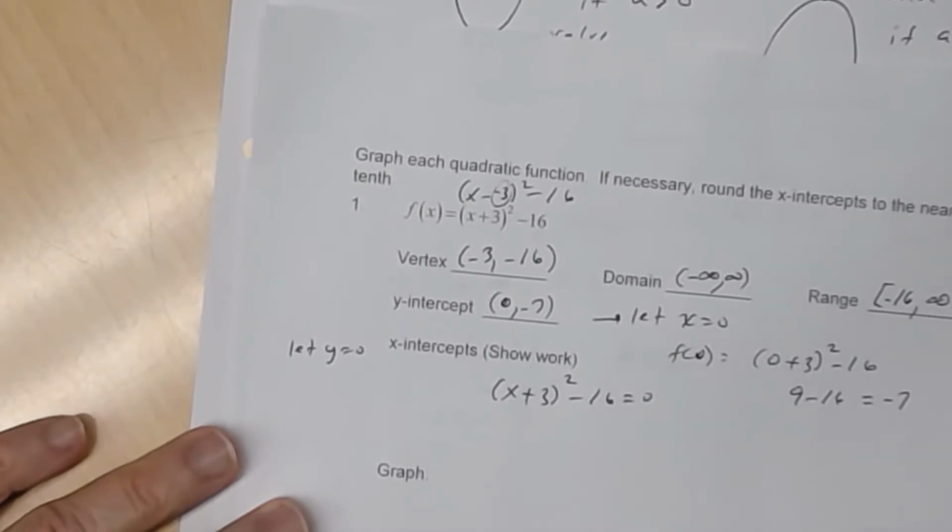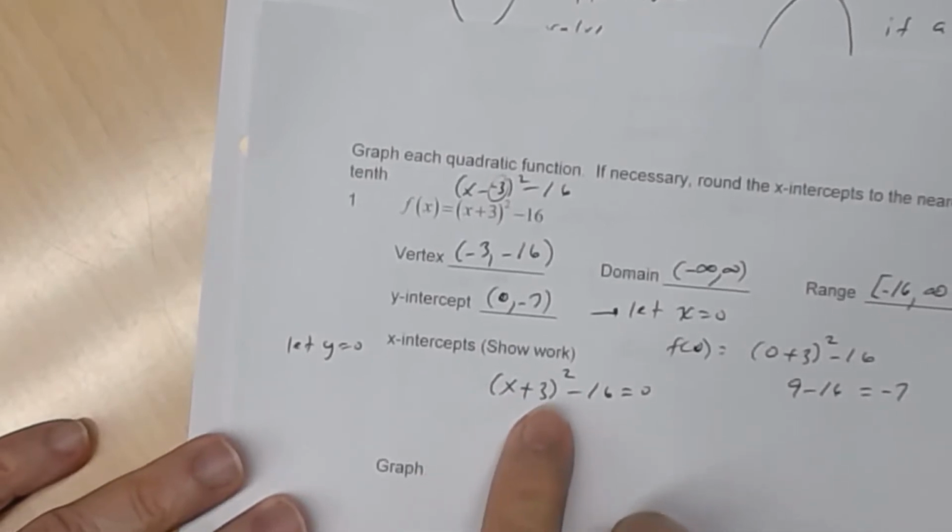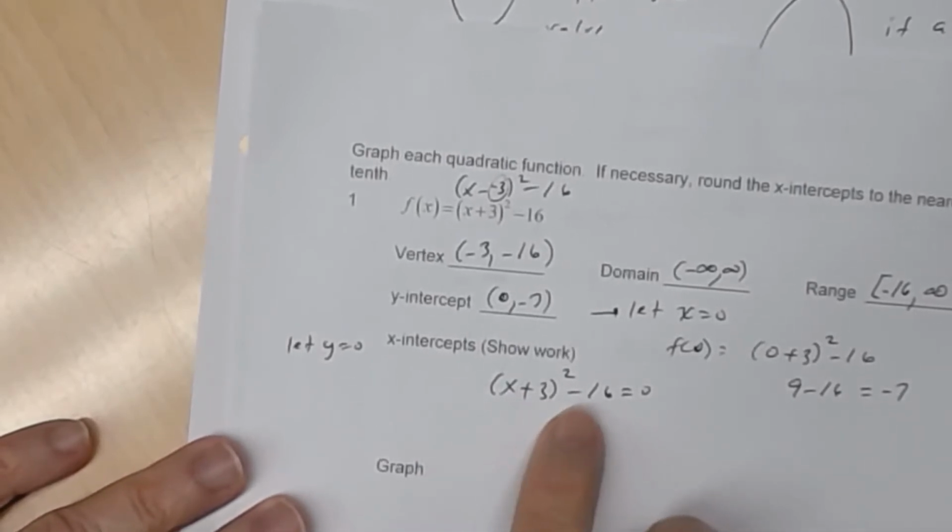Now remember, this looks like you're going to be using the square root property. In previous lessons, on tests, quizzes, and worksheets, you had situations where you had to solve a quadratic equation with an expression squared. The best way to do this is to use the square root property.